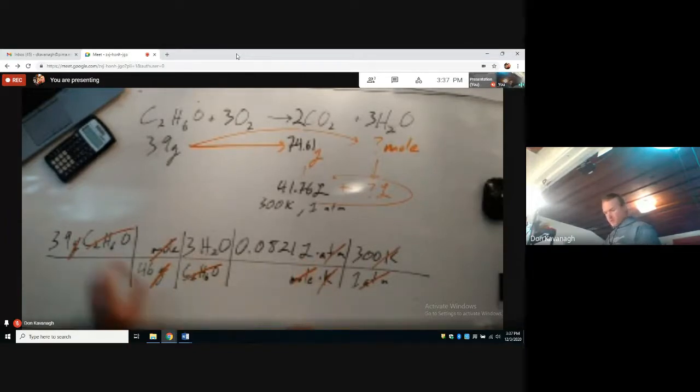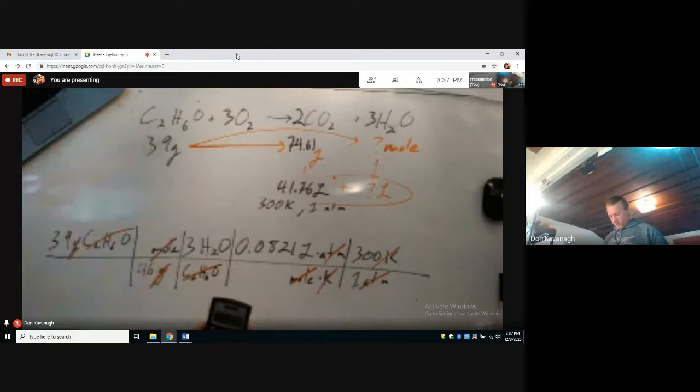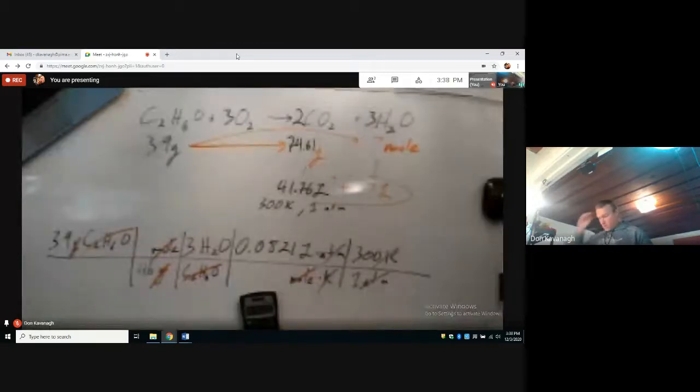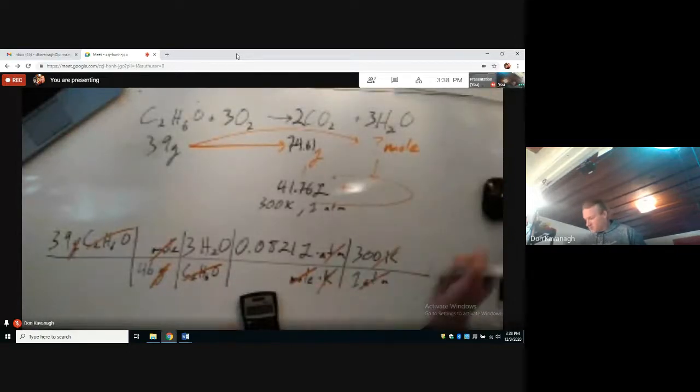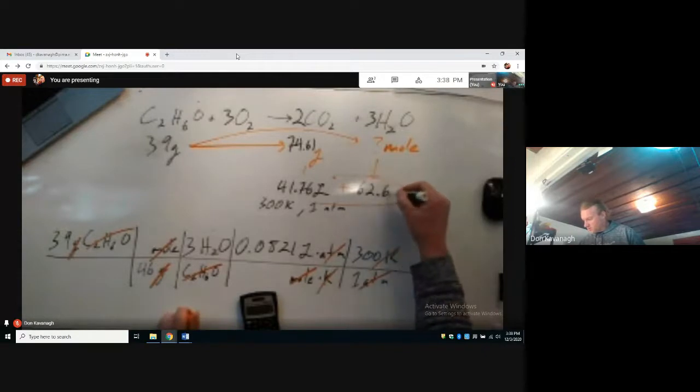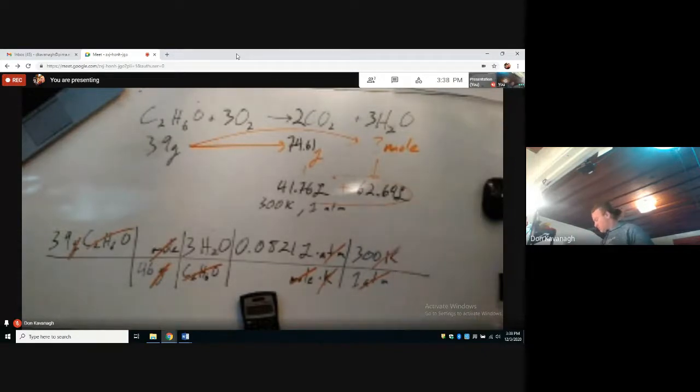So when we punch our numbers up here, we're going to get the volume that gas would occupy, 62.64 liters. We wanted to know the total volume, which is going to be about 103 liters when you sum them together. Hope that helps. Thank you.